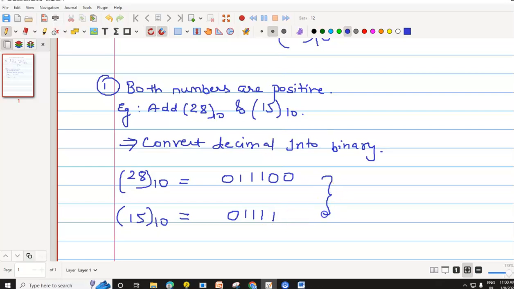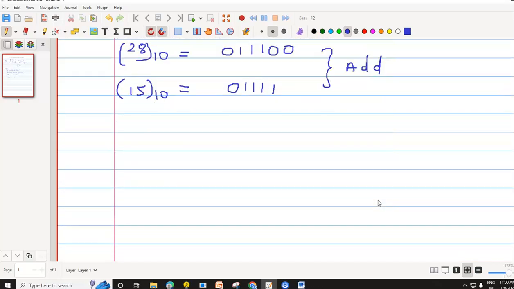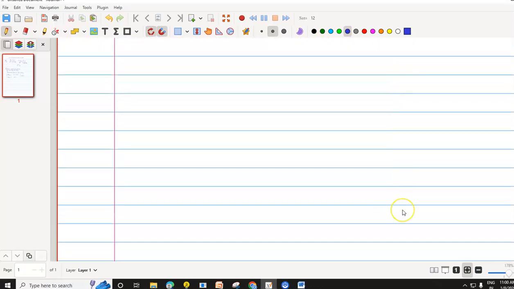Now you want to add these two numbers. So how can we add it? 28 is 1 1 1 0 0, and 15 is 1 1 1 1, which is 8 plus 4 plus 2 plus 1, and this is 0, the sign bit.